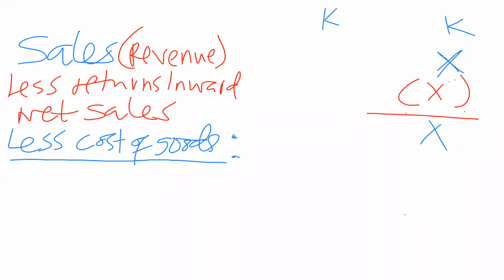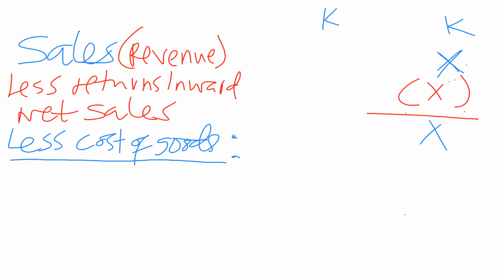That is the income statement. So how do you do the income statement? You start with the sales, you record on the credit side, you less the returns inward, that is if you are provided with that in the trial balance, and you remain with the net sales.